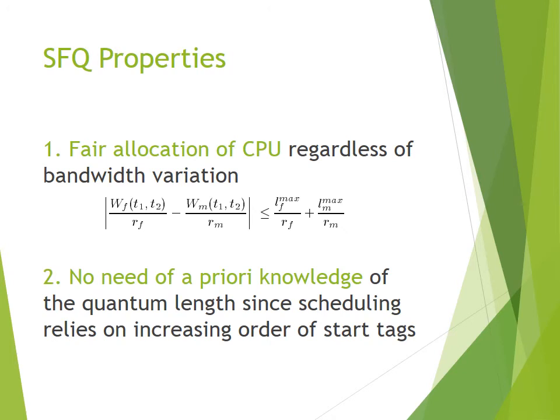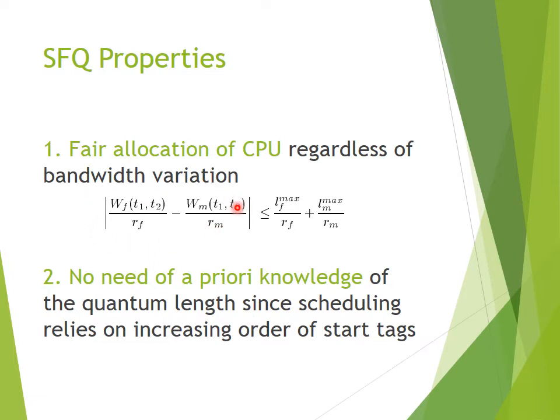He shows that his SFQ algorithm has the following properties. One is a fair allocation of CPU, regardless of the bandwidth. The fairness of the CPU is defined by the equation on the left. This means during a time period between t1 and t2, the running time of process f and process m are each divided by their own weights.